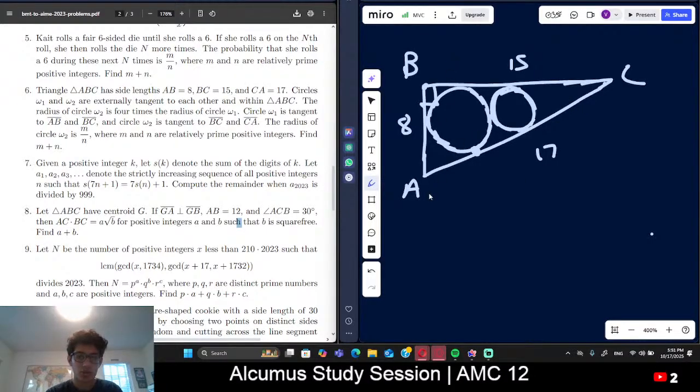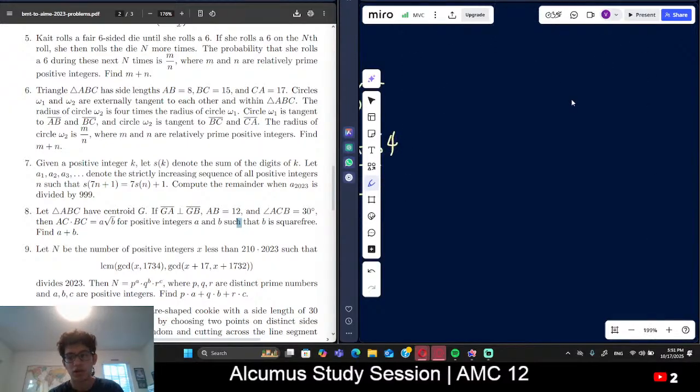It's tangent to AB and BC. Oh, wait. Oh, no, no, they're within. Okay, so I've drawn it wrong. I'm also going to zoom out a little so I can draw it bigger. So this is ABC.